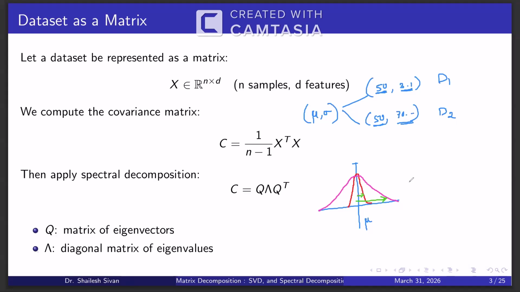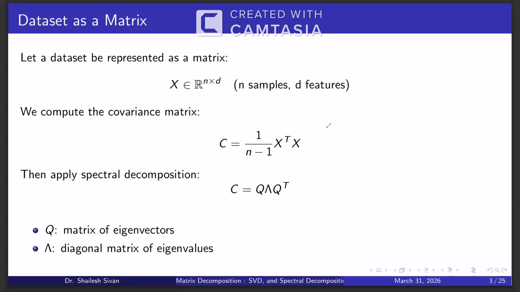Okay. So then what is covariance? What do you mean by covariance? The variance is actually about one data, but the covariance is actually about two data.